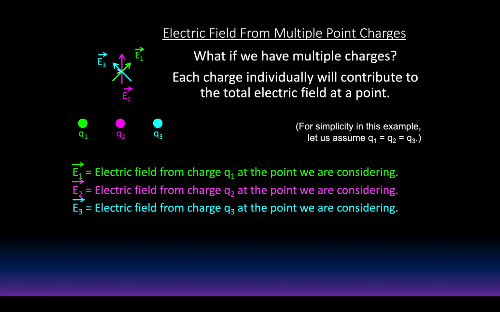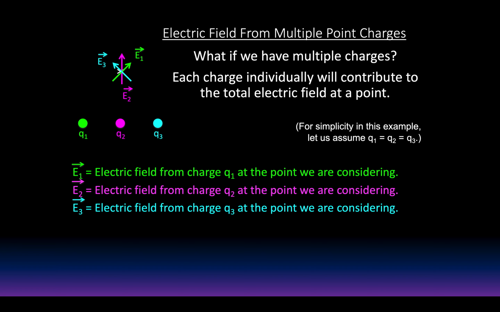The way we're going to think about this problem is we imagine each of these individual electric fields, E1, E2, and E3, contribute to the total electric field at that point that we are investigating. The only thing we measure with any type of measuring device would be the total electric field.